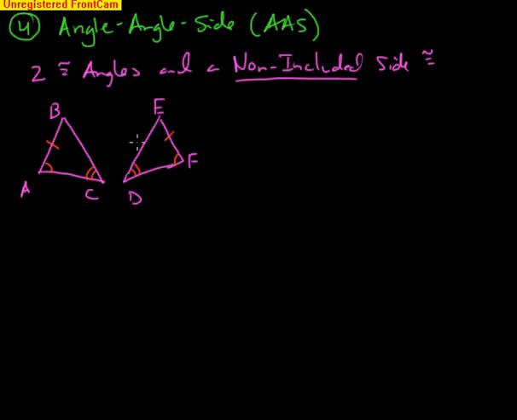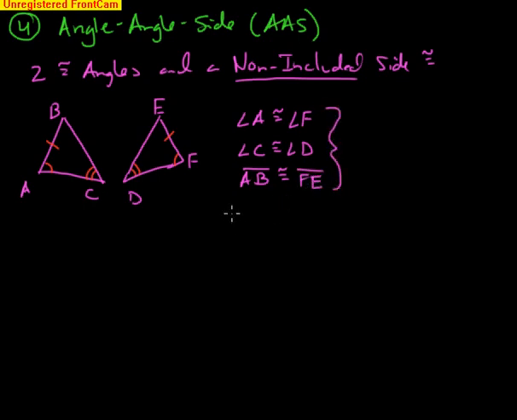Okay? So what do I know? Well, I know three things. I know that angle A is congruent to angle F. I know that angle C is congruent to angle D, and I know that segment AB is congruent to segment FE.